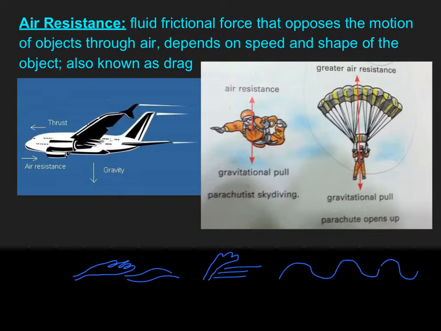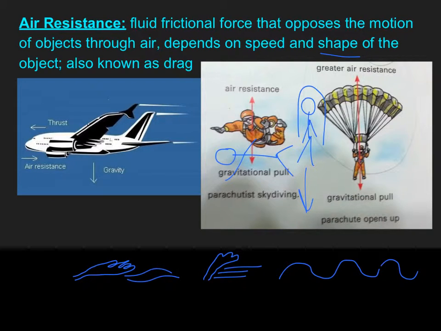And it also depends on shape. And so that's to do with how spread out you are. So if you're a skydiver, if you are straight up and down, probably head first, so you're a little bit more aerodynamic, right? You'll go a lot faster than if you decide to lie flat out like this because your body is more spread out.